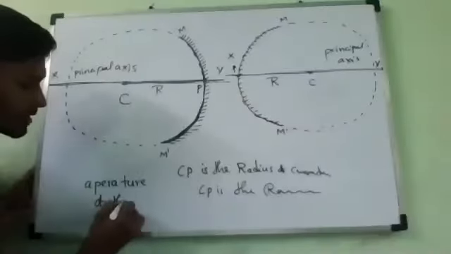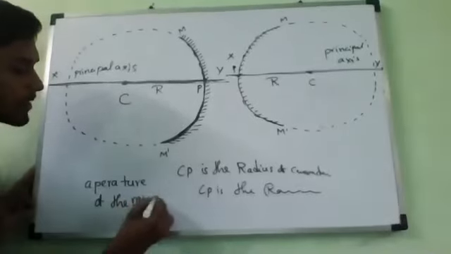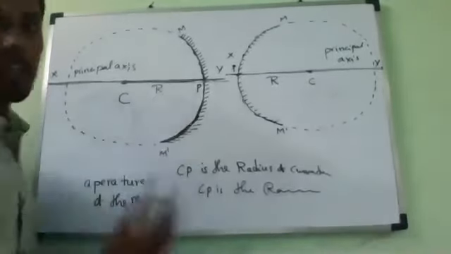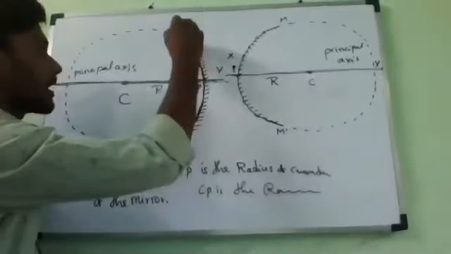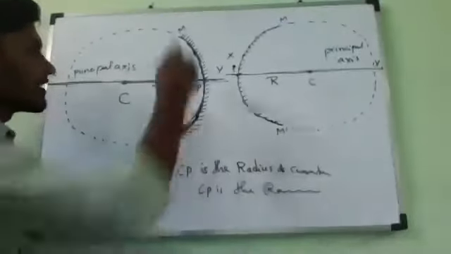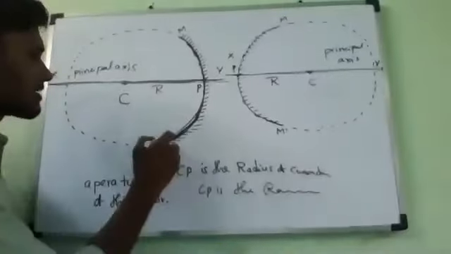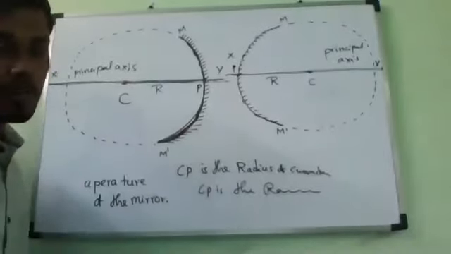What is the aperture of the mirror? It is the portion of the mirror. Sir, is it AP? No, not AP. It is M and M dash. M and M dash is the aperture of the mirror.